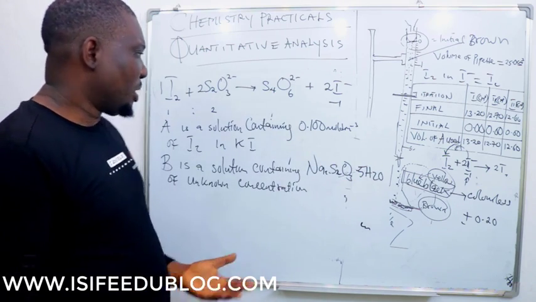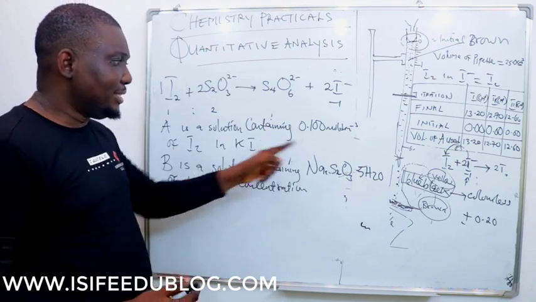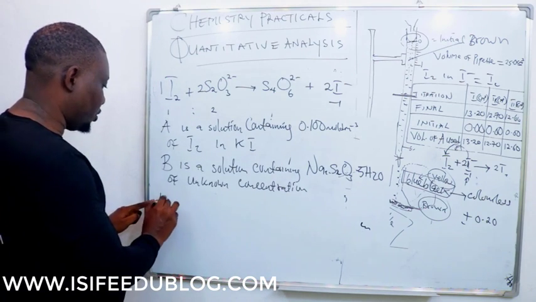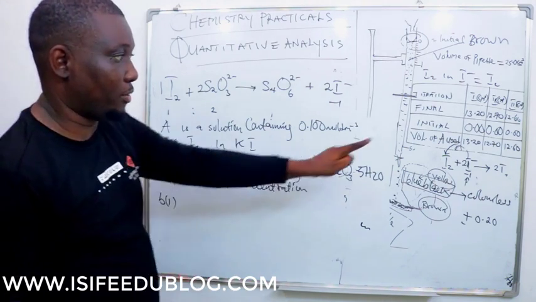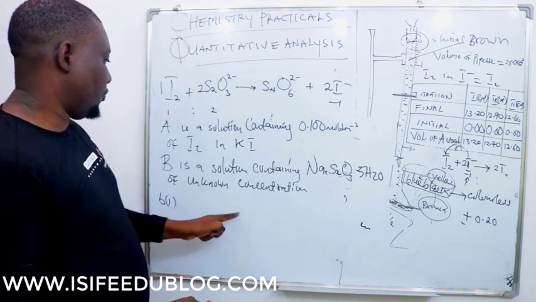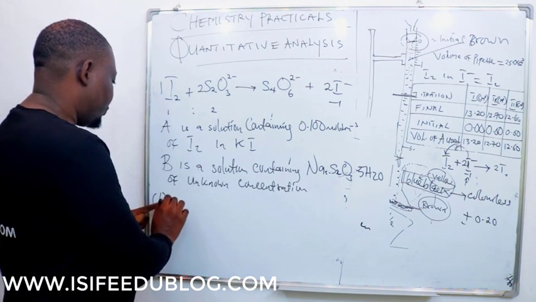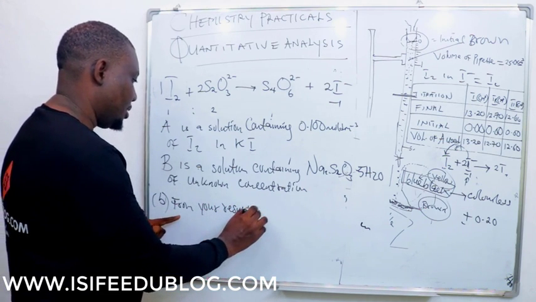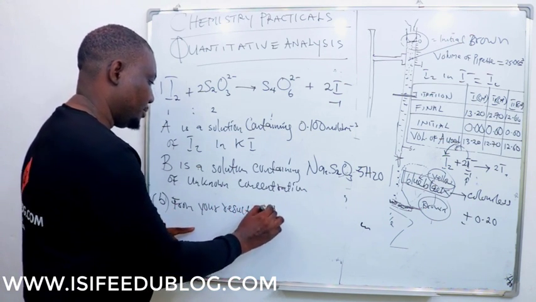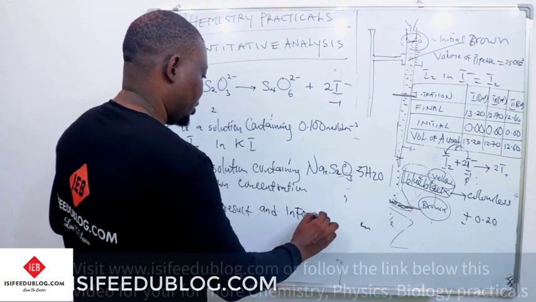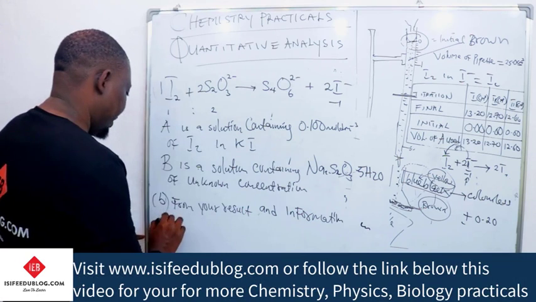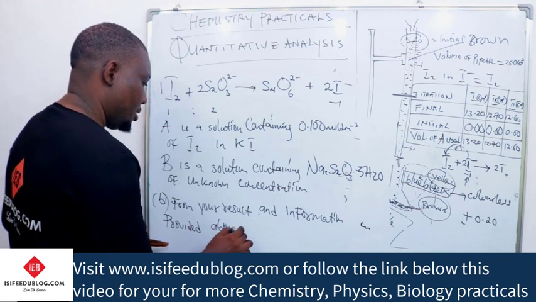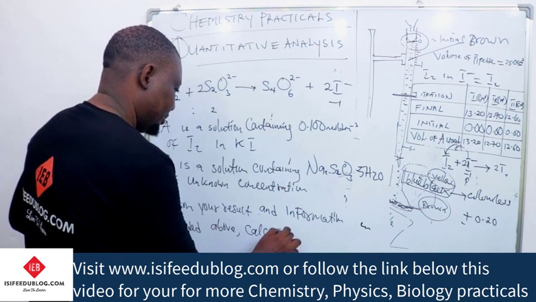So when we do that, the most important thing, since the concentration of A in this question is known, what you now see is that the B part of the question is what we are interested in. This is the A part of the question with the experiment. So the B part of it will be: from your results and information provided above, calculate the concentration of B in mole per dm³.